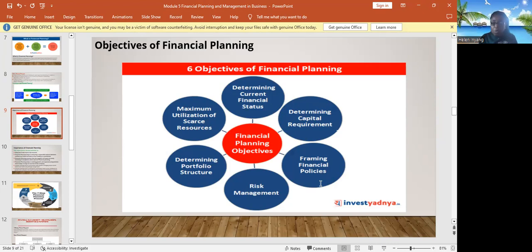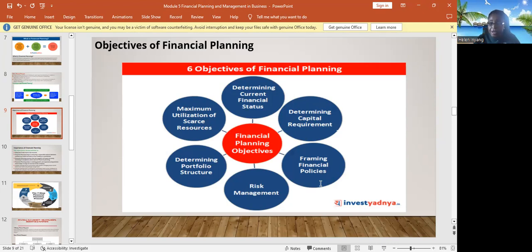Financial planning will also help you in risk management strategies. It will help you to strategize how to manage risks, because no businessman, no entrepreneur will run away from risks. Risk is something that is inevitable.